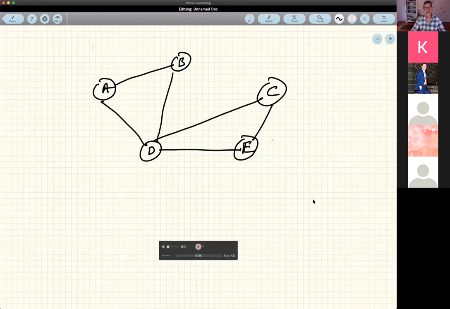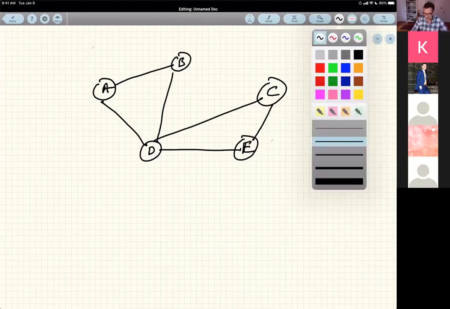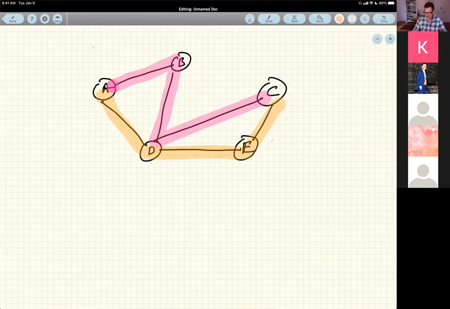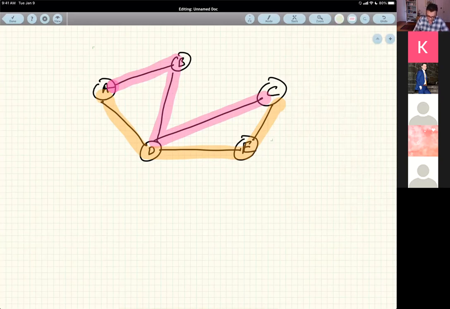So if I'm looking for a path between vertices A and C, there are multiple paths that go from A to C. Here's a path that goes from A to C. There's another path that goes from A to C. It goes like this. That's another path. Here's another path here.